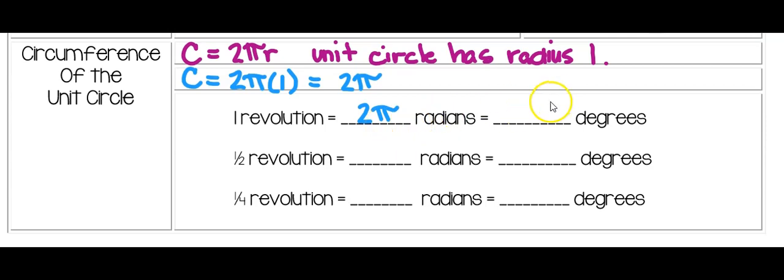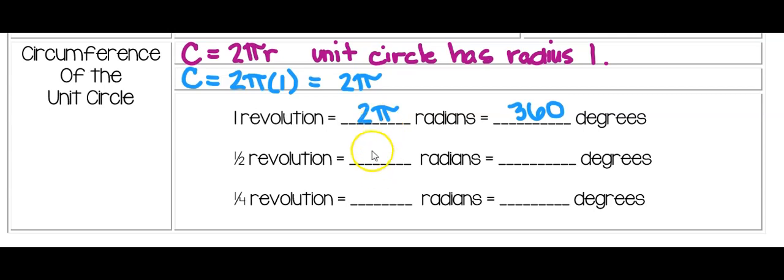We know that once around the circle is equivalent to 360 degrees. So 2 pi radians and 360 degrees are equivalent angle measures. How about half a revolution, halfway around the circle? How many radians can you fit in half of a circle?